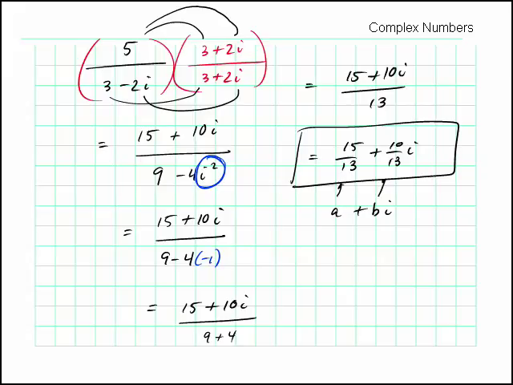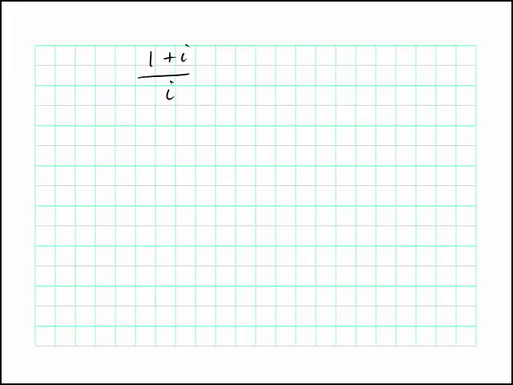Now this one looks a little bit different, but the process is the same. 1 plus i divided by i. We're still going to multiply by the conjugate. It's not considered simplified if there's still an i in the denominator.